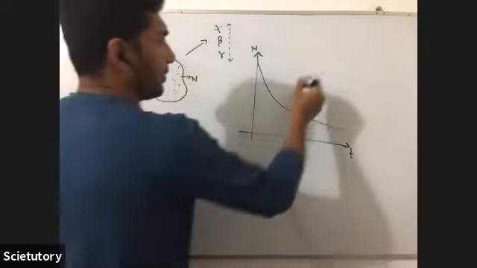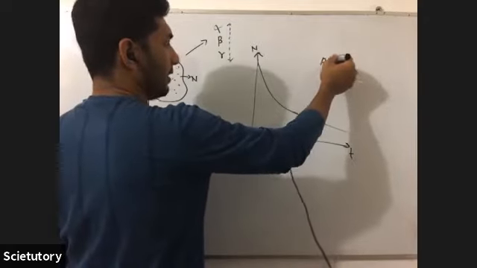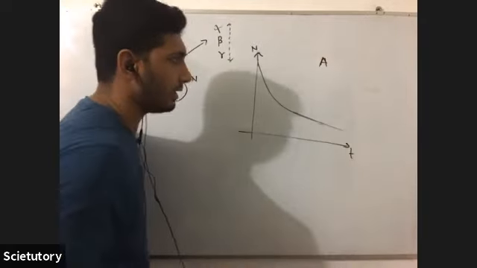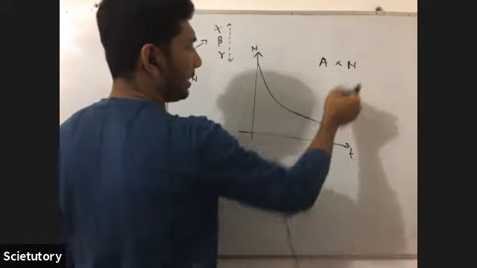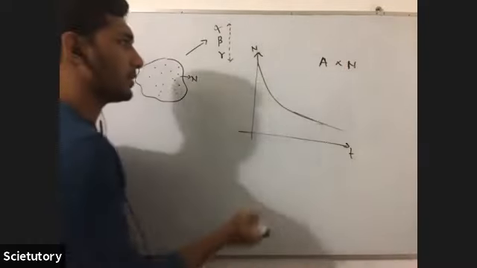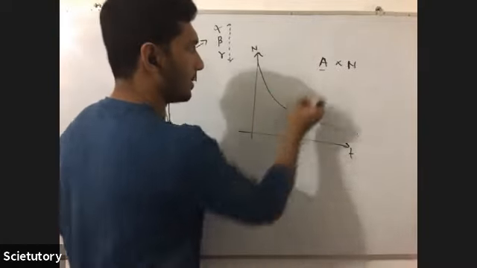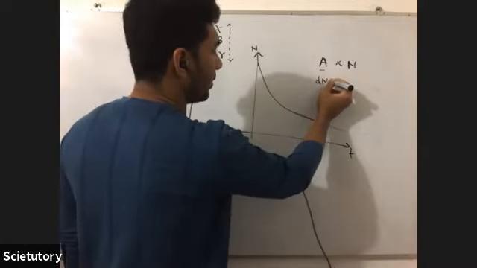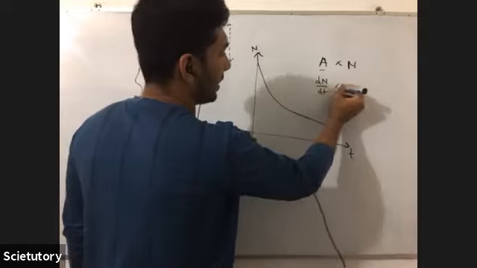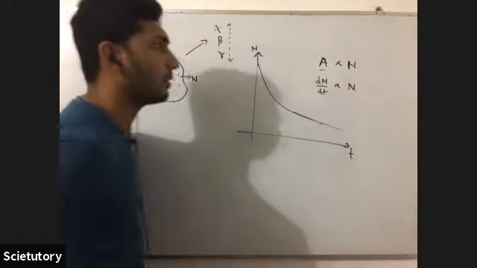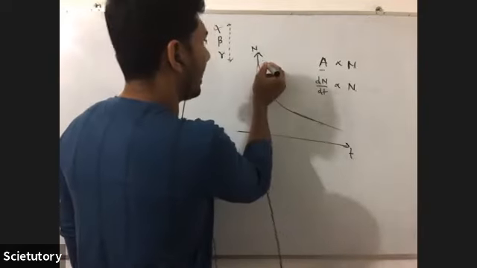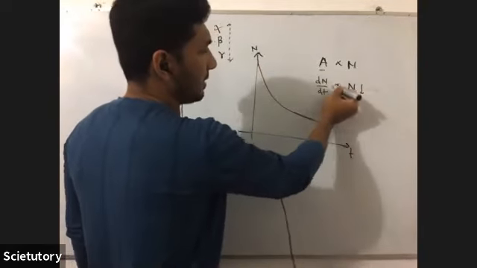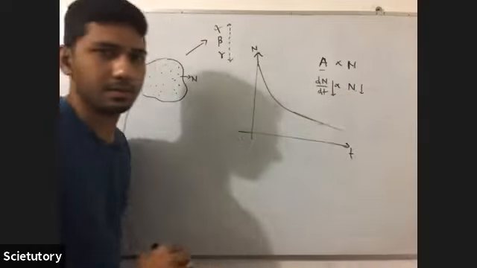Here the rate of reaction, which we mention as A, activity, is directly proportional to the number of undecayed nuclei. So this activity can also be expressed as dN over dt is directly proportional to N. When the number of nuclei decreases, the activity also decreases.